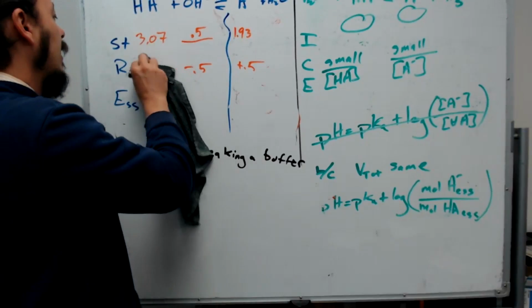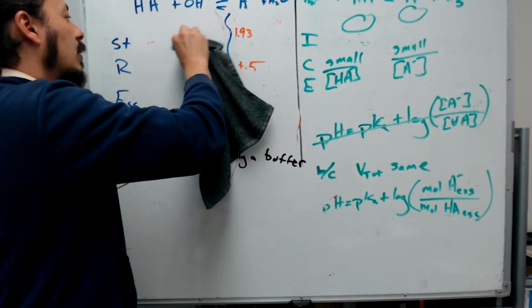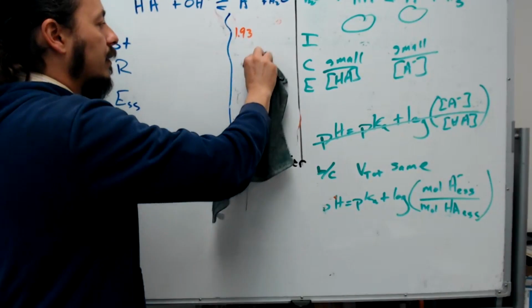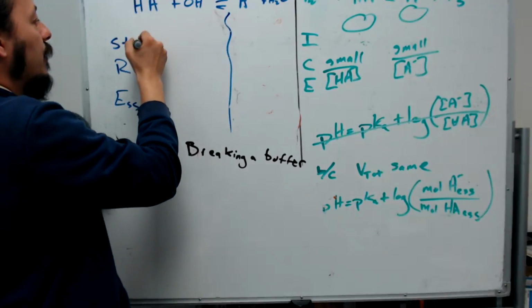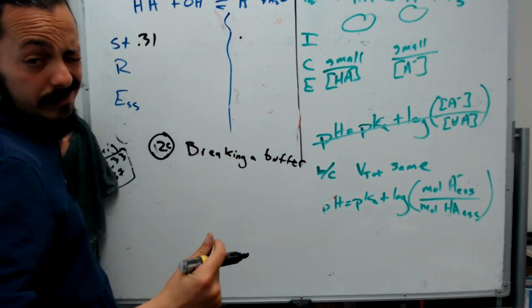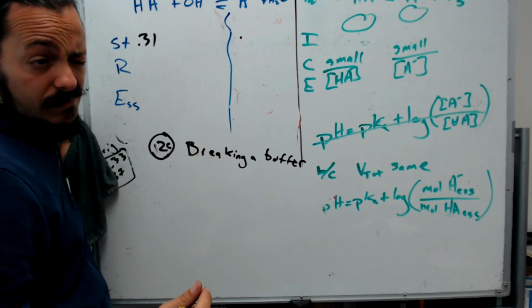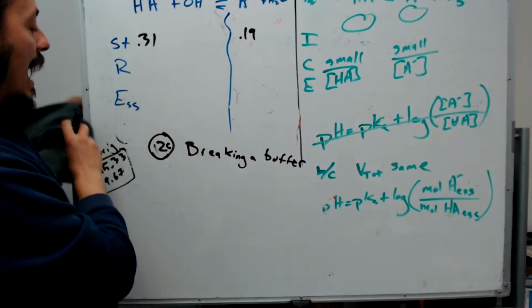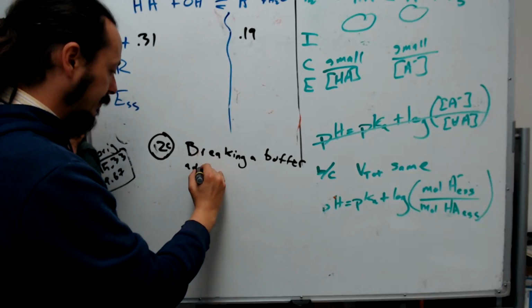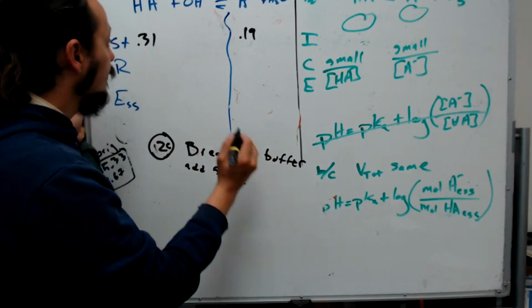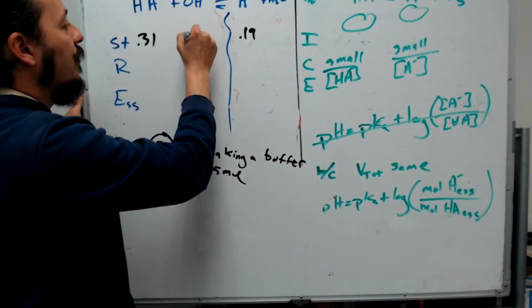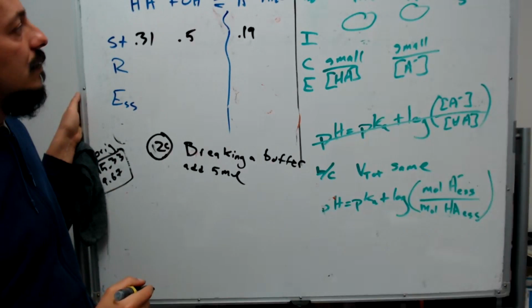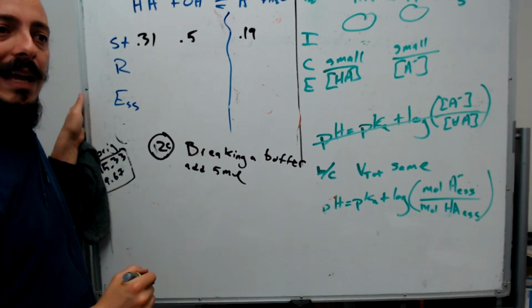What happens when you break a buffer? So in this case, I'm going to go back to that dilute buffer. If I can remember correctly, it was 0.31 and 0.19. Great. And then we're going to add 5 milliliters, so we're going to have 0.5. What's my limiting reactant in this case?